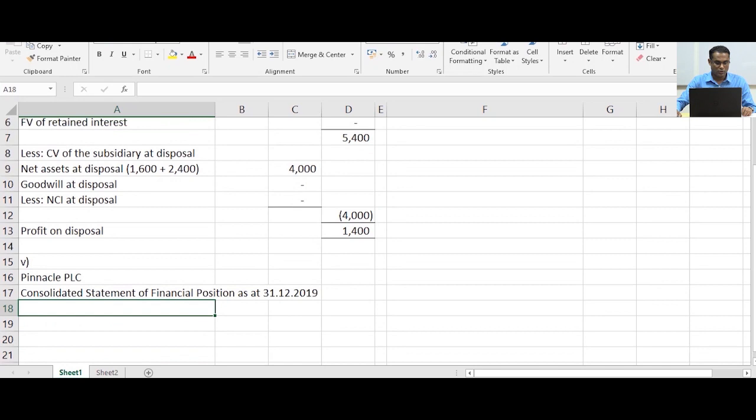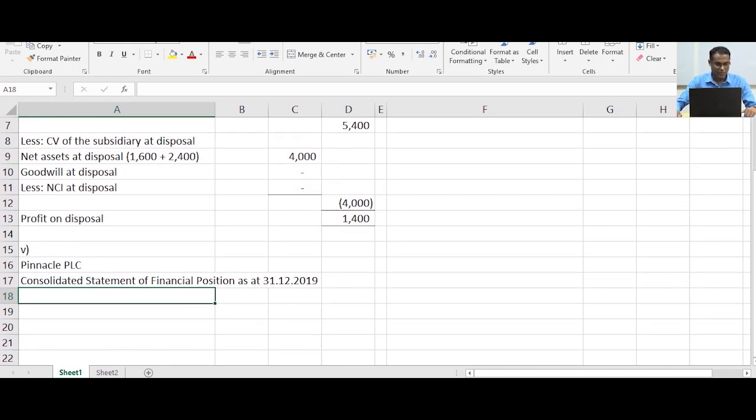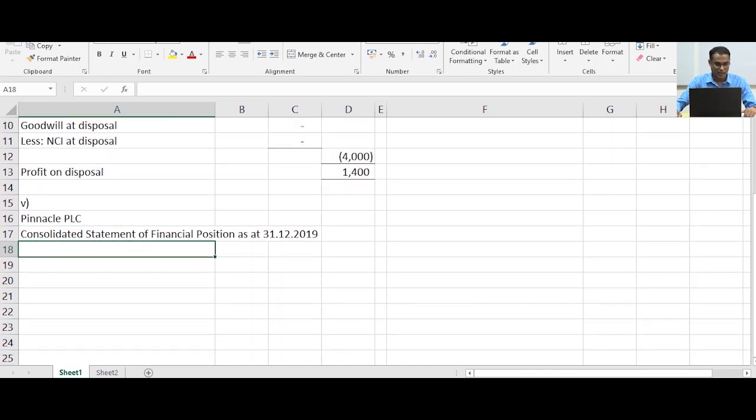Okay, so you need to have enough space to prepare the consolidated statement of financial position.